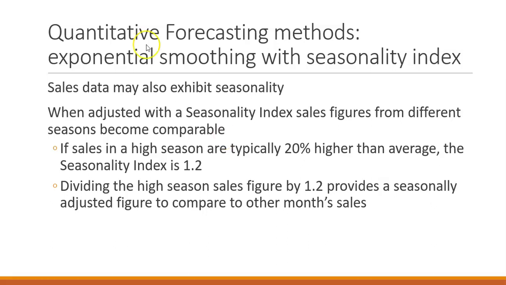Okay? So we use a percentage for that. So if sales in a high season are 20% higher than average, we would use a seasonality index of 1.2, or that we're doing a 20% adjustment to those seasonality to predict the high season months.